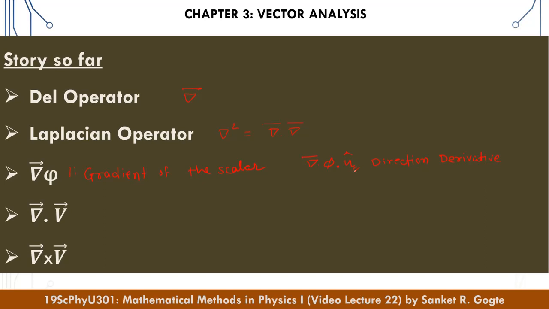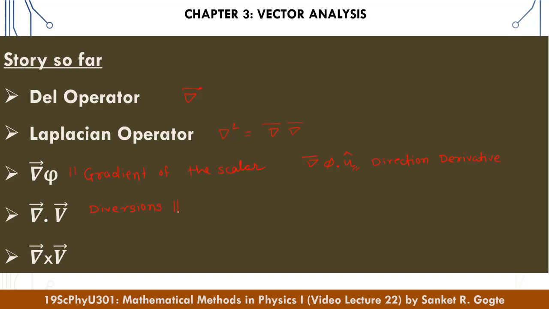When we operate this del operator onto a vector field, that is called the divergence of the vector field, and divergence gives us the net flux per unit volume outside an infinitesimally small volume about the point where the divergence is calculated. When we considered divergence, we also saw the divergence theorem, which is a way to convert volume integration to surface integration.